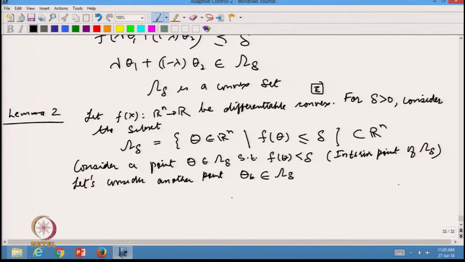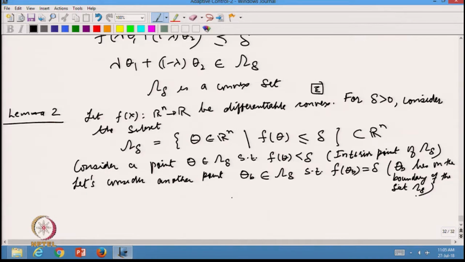So, it is again a point in the set omega delta such that f of theta b is equal to delta. So, what this means is that this point theta b is actually on the boundary of the set omega delta.